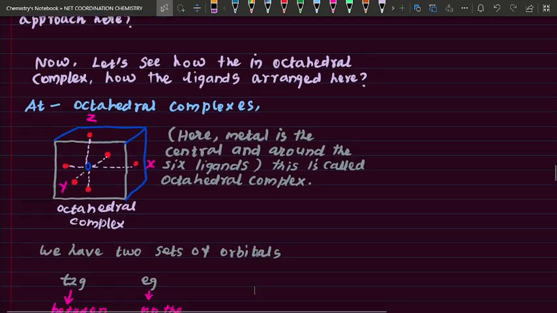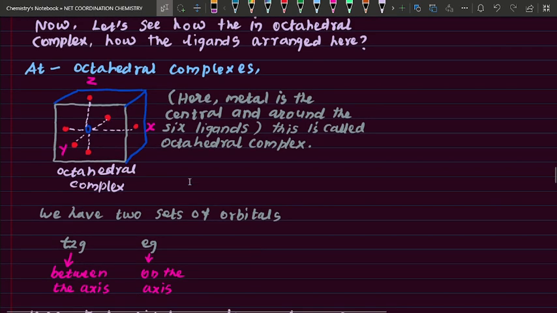If we take one octahedral complex, the metal ion is at the center, and around it are 6 ligands: 1, 2, 3, 4, 5, 6. This is called an octahedral complex.